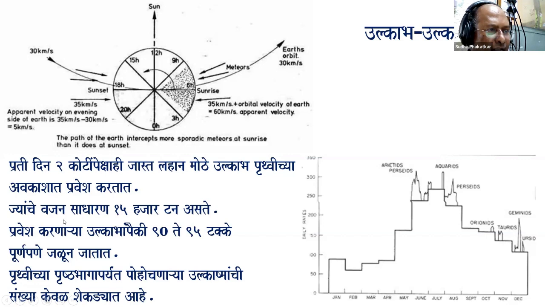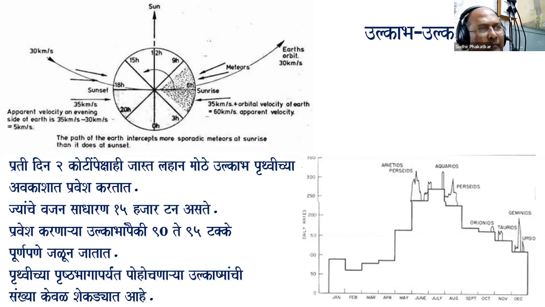Astronomers say that their weight is around 15,000 tons, and out of a few crore meteorites, 90 to 95% get burned completely, and only a few reach the Earth's surface.